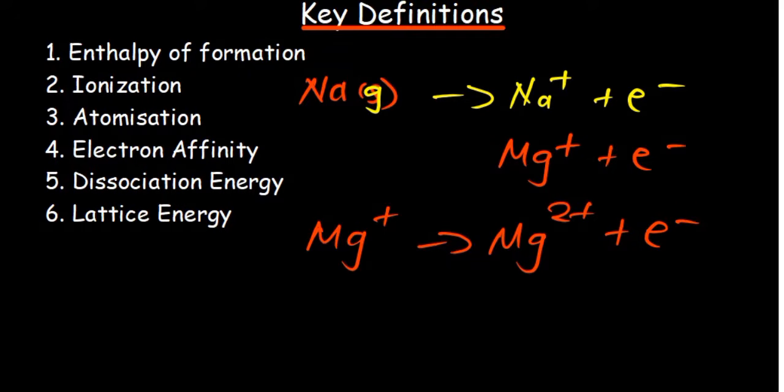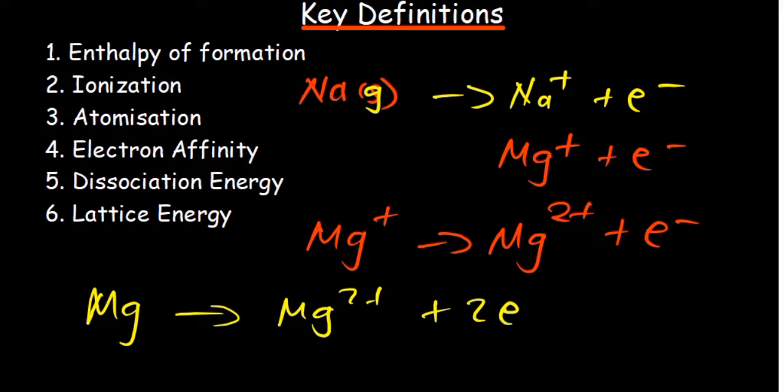Therefore, we cannot show ionization energy directly by moving from magnesium to Mg2+. No, we don't want to do that. We want to show them step by step, because the energies associated with the first ionization and the second ionization are different. So take note of that under ionization energy.